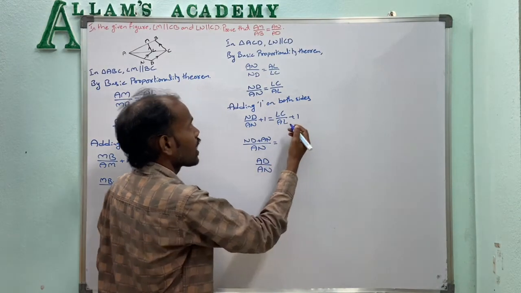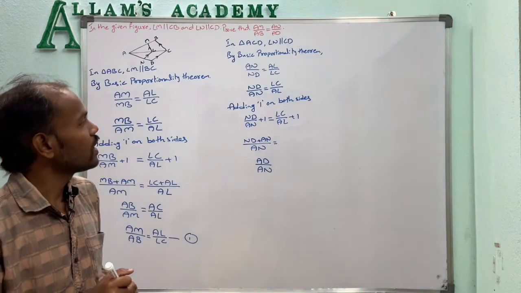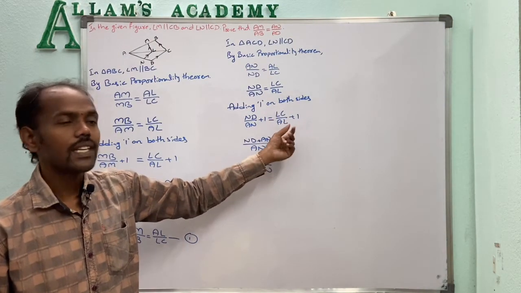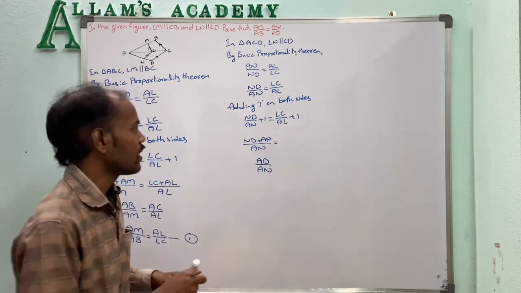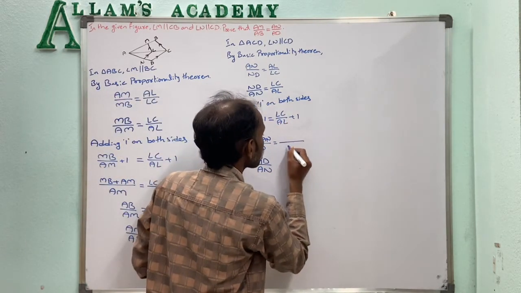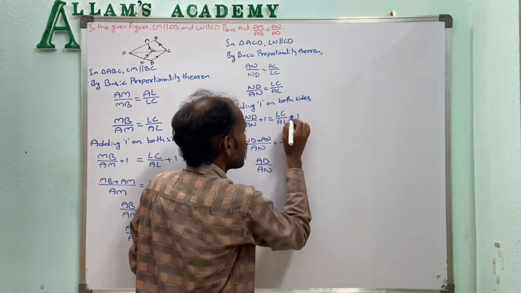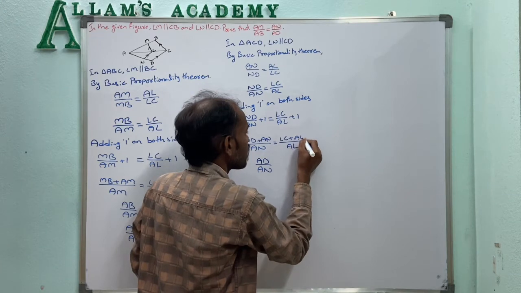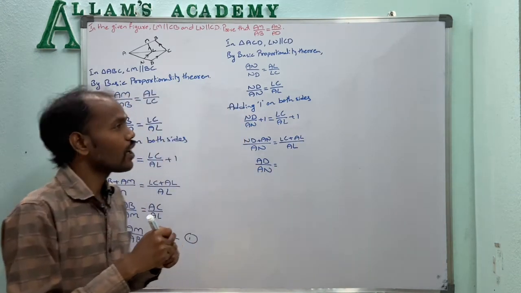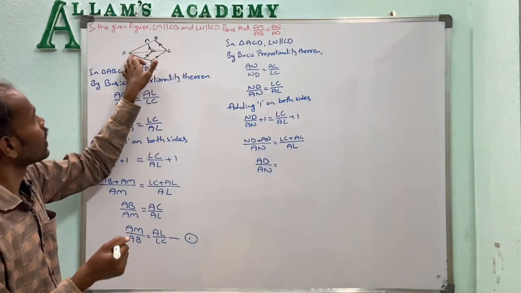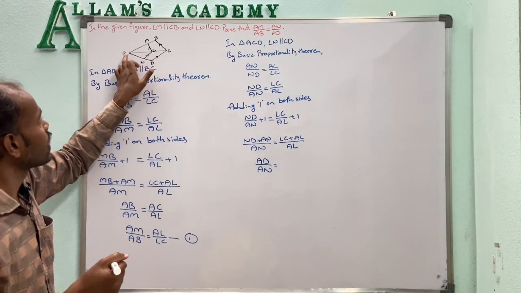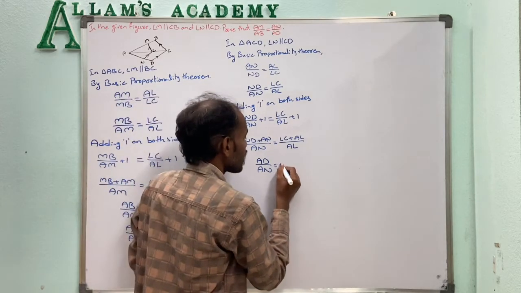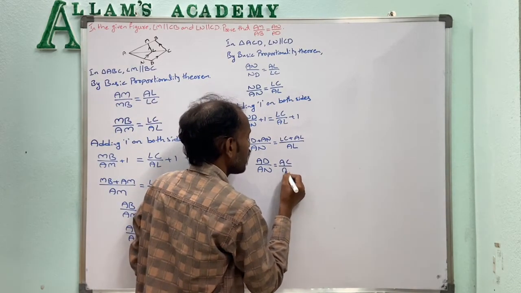Now for the right-hand side, LC by AL plus 1, we take AL as the LCM. LC plus AL over AL. LC and AL added is nothing but the total side AC, that is AC by AL.